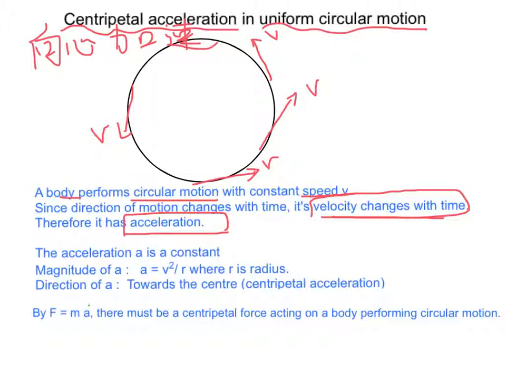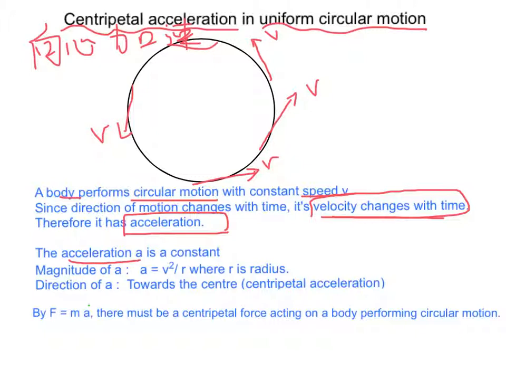You don't need to prove the acceleration in terms of speed and radius. You only need to memorize the result as follows. For uniform circular motion, there must be an acceleration a.